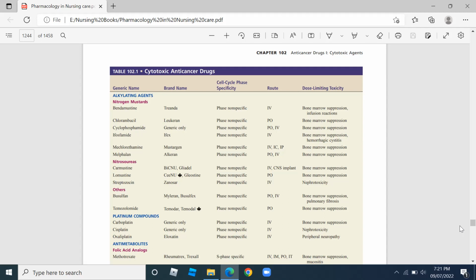In streptozocin, nephrotoxicity is high as compared to bone marrow suppression, while in case of busulfan, pulmonary fibrosis is also observed. In platinum compounds, cisplatin has nephrotoxicity and oxaliplatin has peripheral neuropathy, while the rest remain the same, that is bone marrow suppression is common in all the anti-cancer cytotoxic drugs.